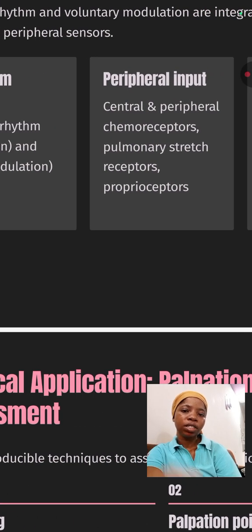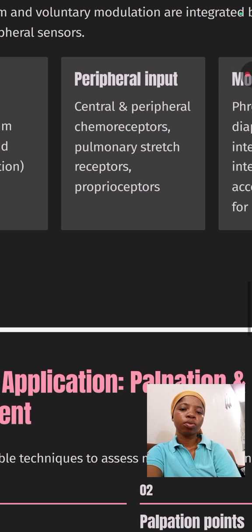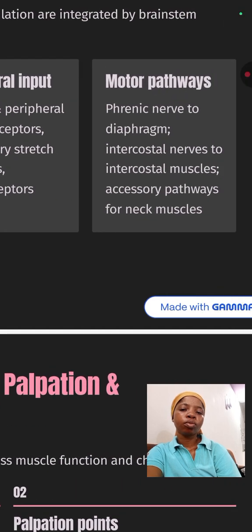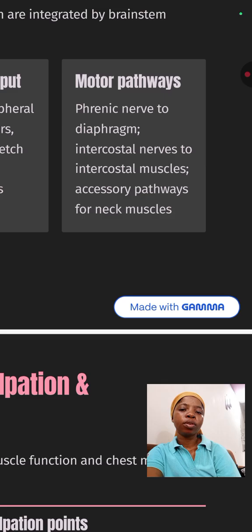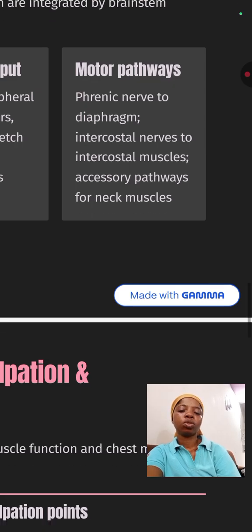Peripheral input comes from central and peripheral chemoreceptors, peripheral mechanoreceptors, and proprioceptors. Motor pathways: phrenic nerves to the diaphragm, intercostal nerves to the intercostal muscles, and an accessory pathway for neck muscles.